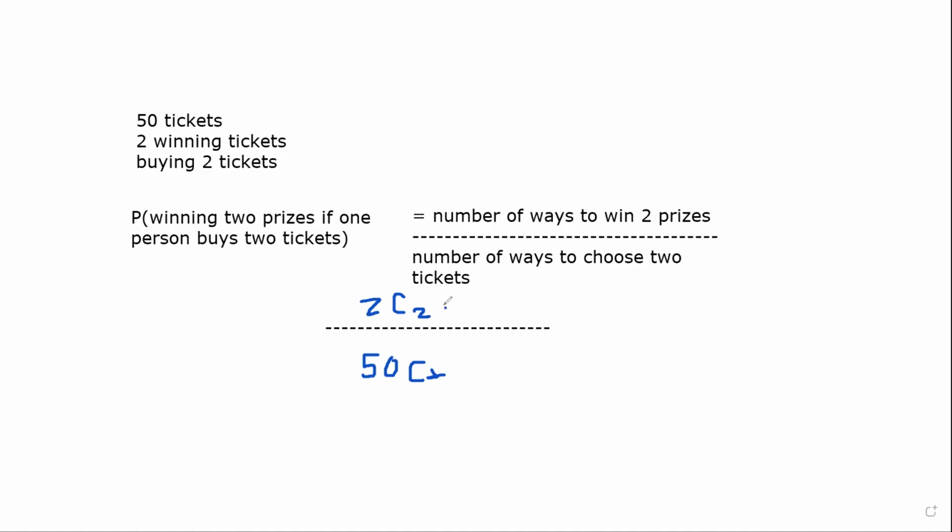And if you want to put in the other part, because I know Professor Nickel does this, you want to choose from the other 48 that are losing tickets, you would write this as 48 choose 0, because you don't want to choose from the losing tickets. 48 choose 0 is going to be 1 when you work this out. So it's not going to change this answer, but it does account for both groups. From the 2 winning tickets, you want to choose both of those. And from the 48 losing tickets, you don't want to choose any of those.